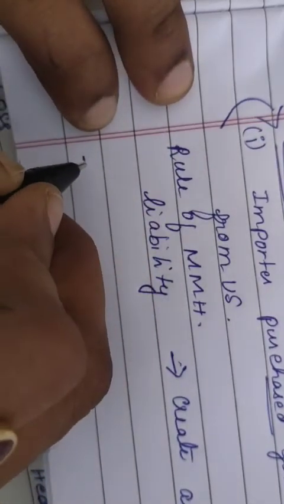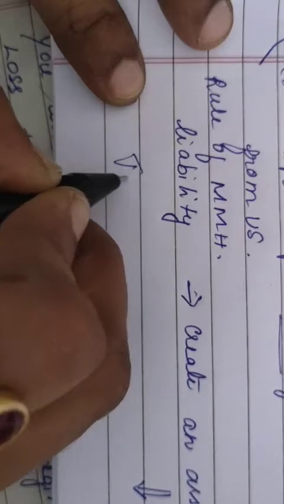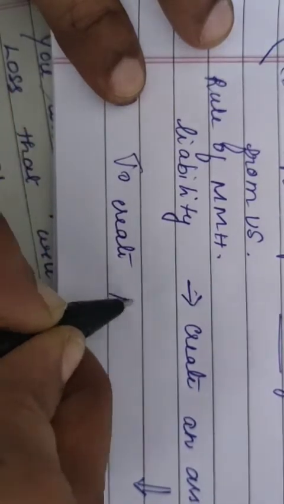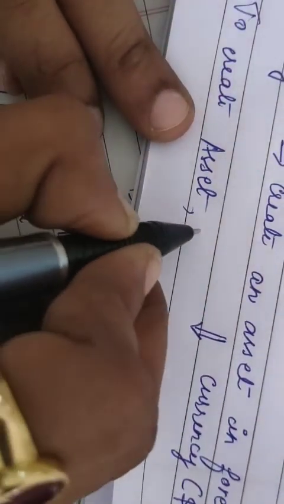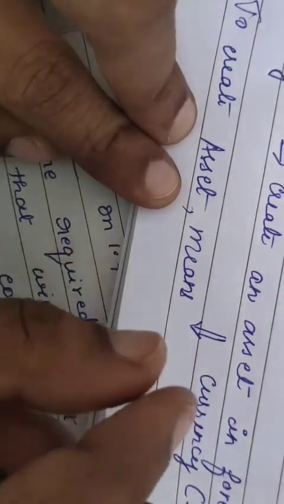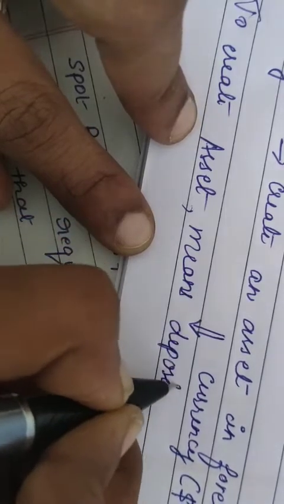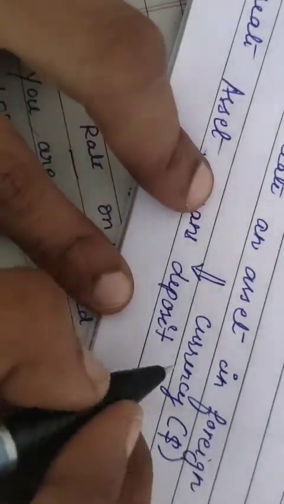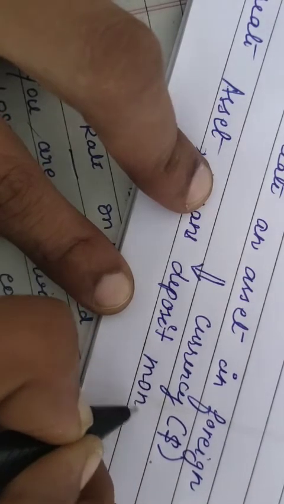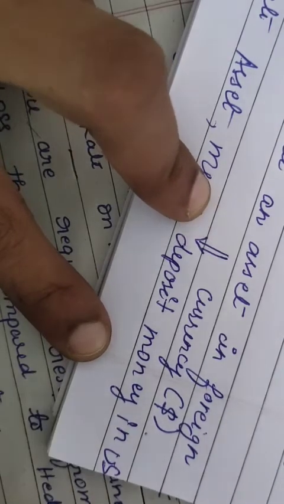So here what we are going to do, we can take it in step number 2, to create an asset means the Indian importer has to deposit money in US.